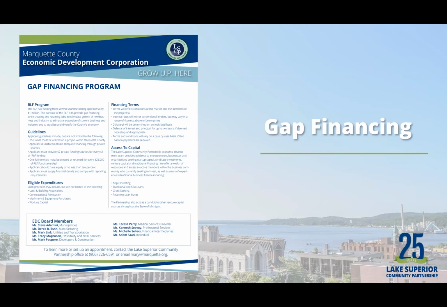Now, this funding can be used for land and building acquisitions, construction and renovations, equipment and machinery purchases, along with working capital. And with this funding, the EDC can only put up a maximum of a third of the funding to fill the gap. And the recipient must have some funding involved and must partner with a traditional lender.